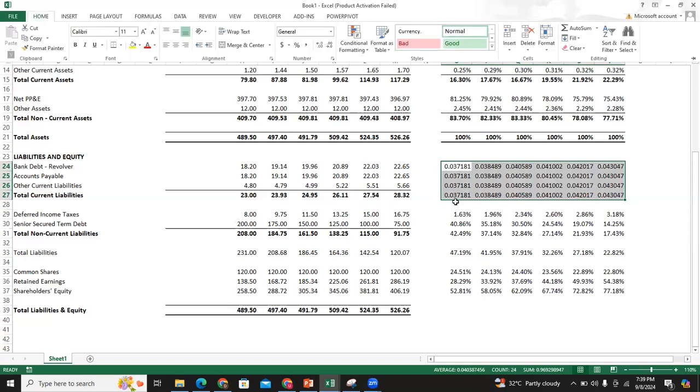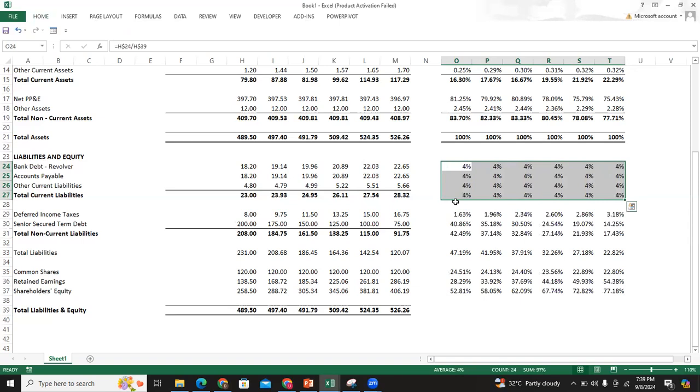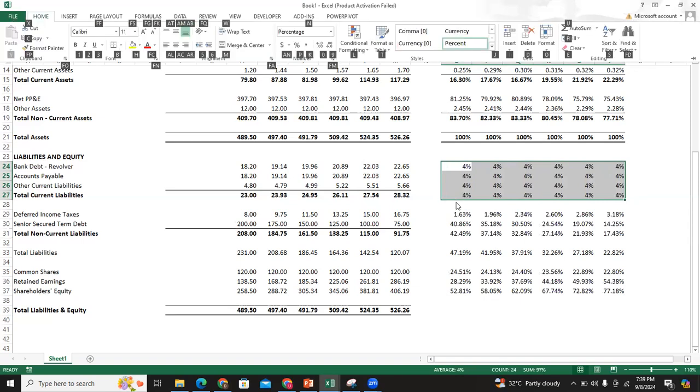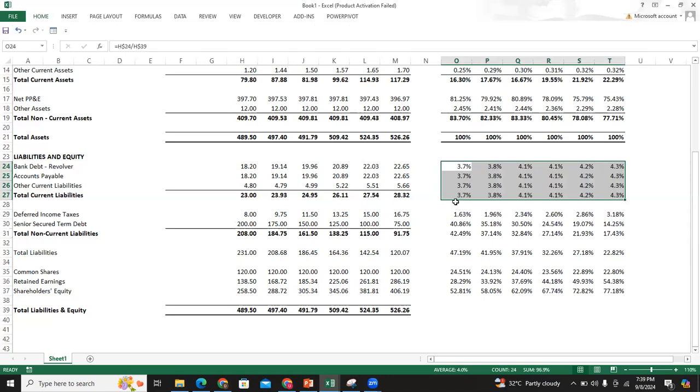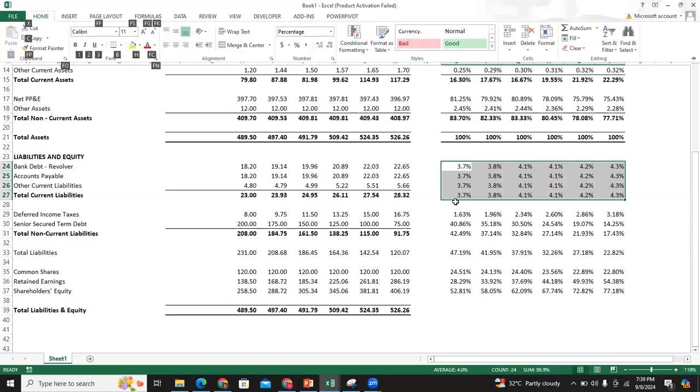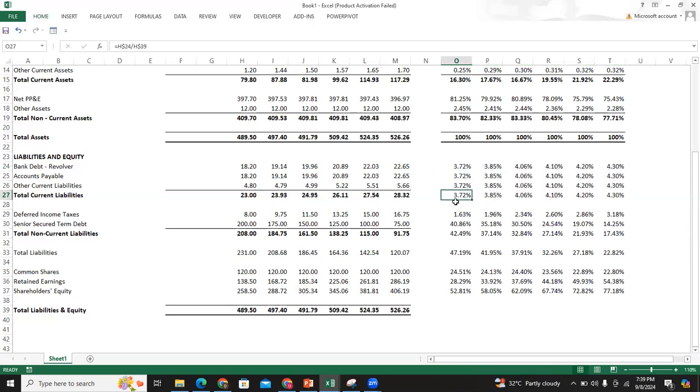HP to make a percentage. Now you see rounding off makes something different.